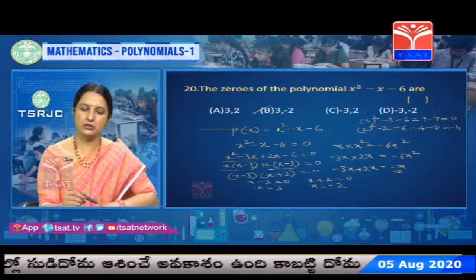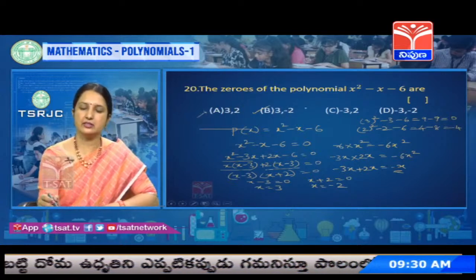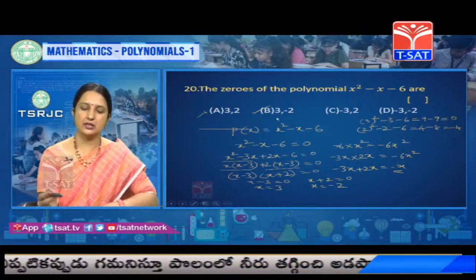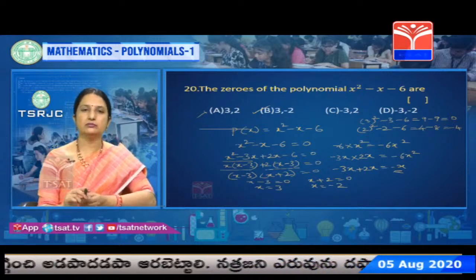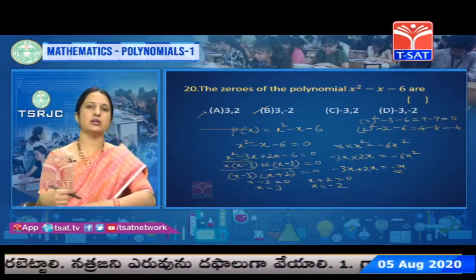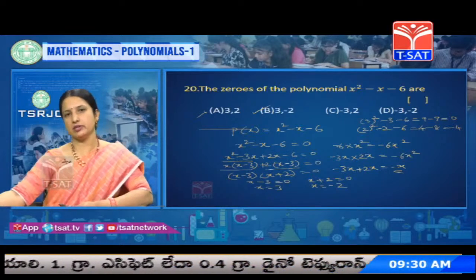So this is not a 0. Then you check with the other option and you will get 0. In both the cases you get 0. So the second option is the correct one. Either from the options you can go or from the question directly you come to the answer. Both are possible for this question.